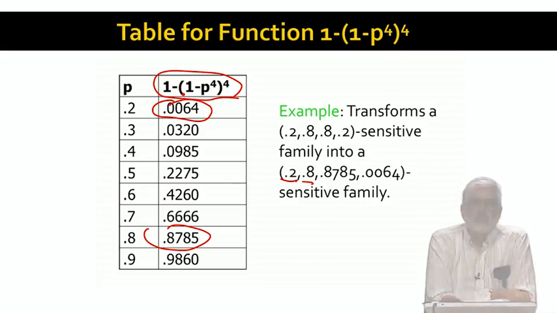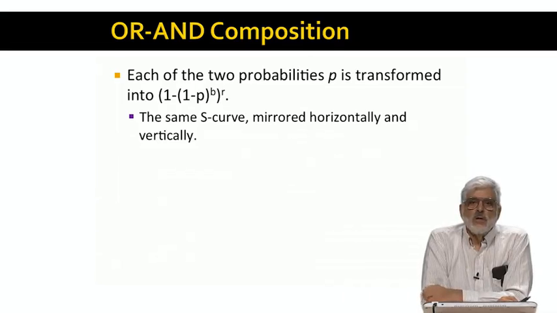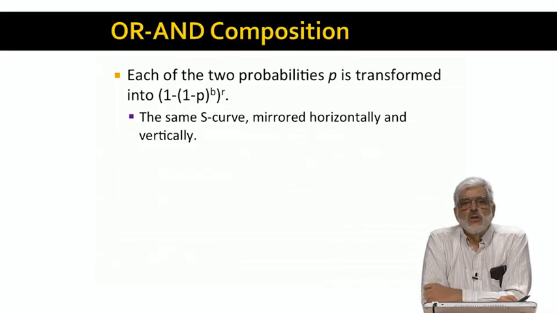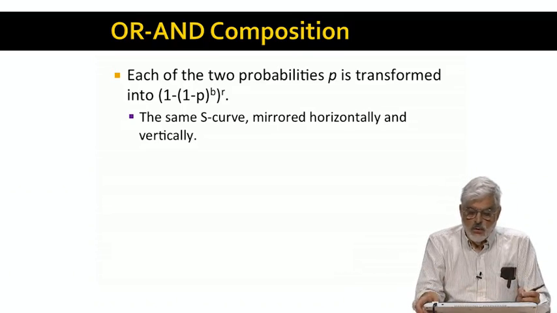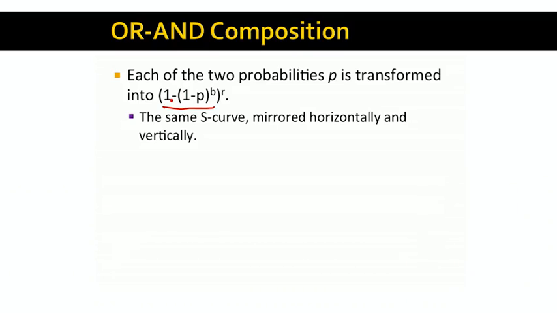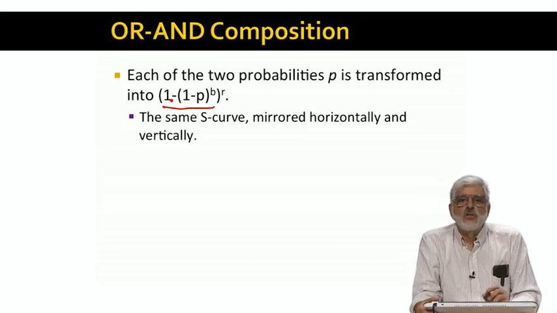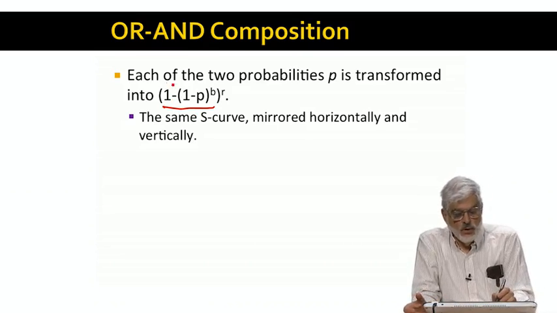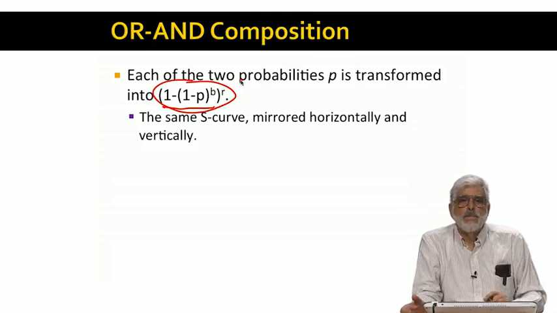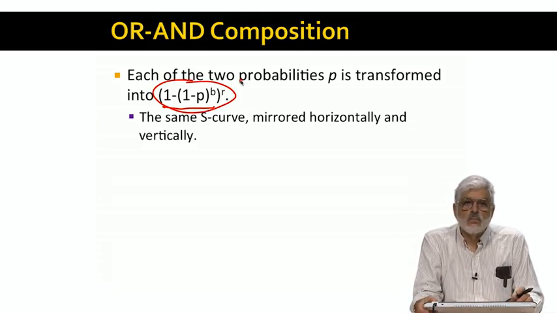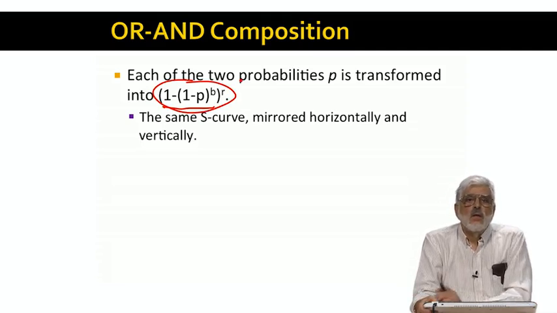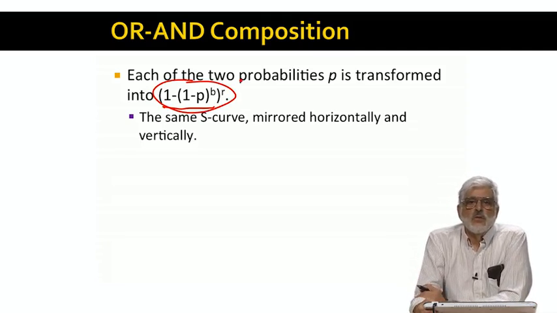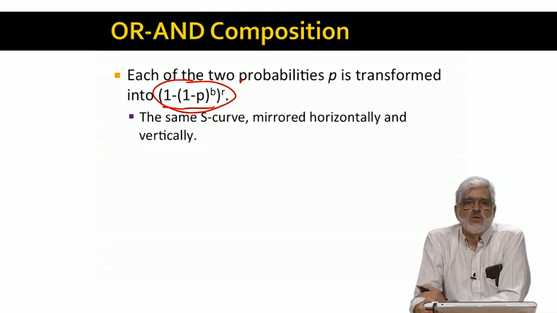That's also good. We also have the option of starting with a B-way OR construction and then doing an R-way AND construction. The OR construction turns any probability P into this expression, and then the AND construction raises those probabilities to the rth power, giving this formula. The S-curve you get from this sequence of constructions is related to what you get if you start with the R-way AND and then do the B-way OR.